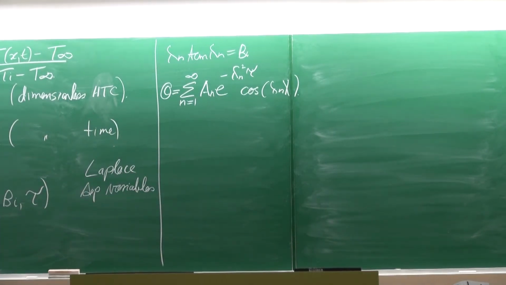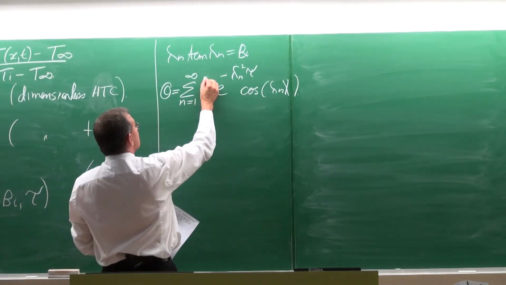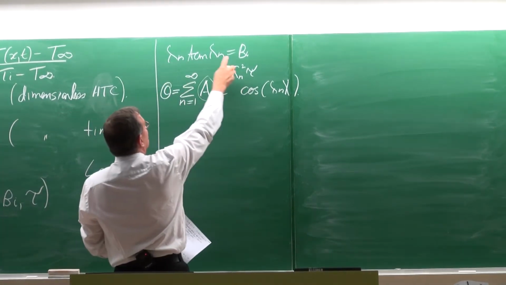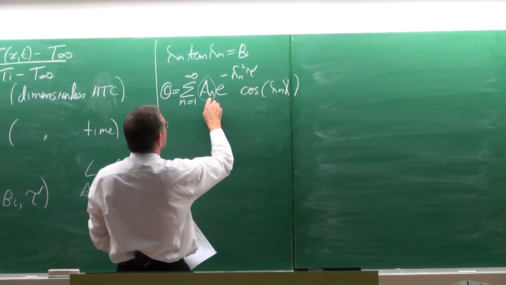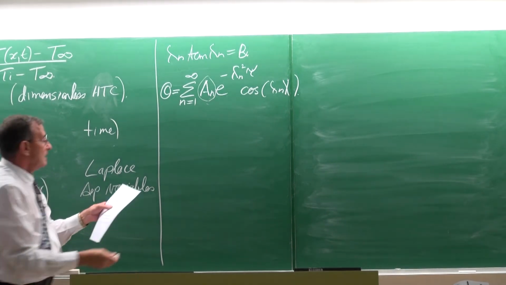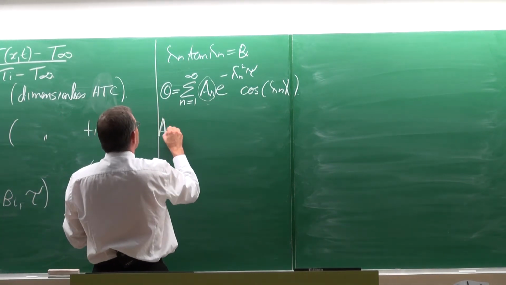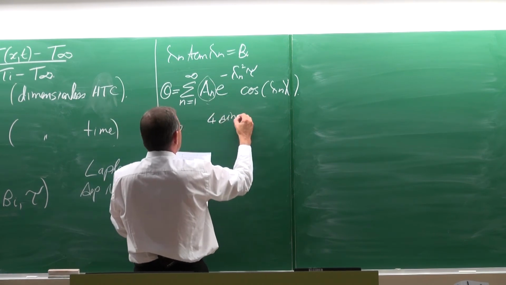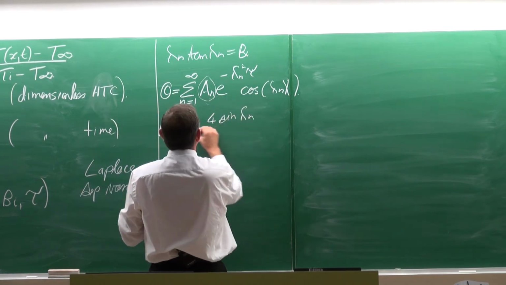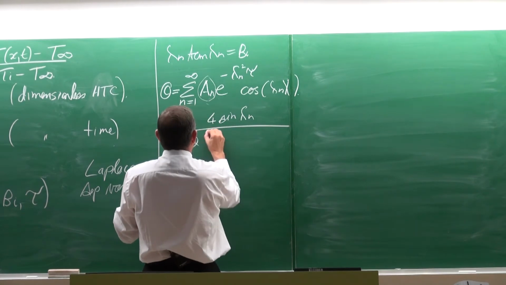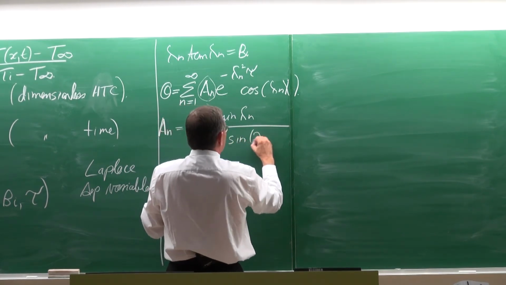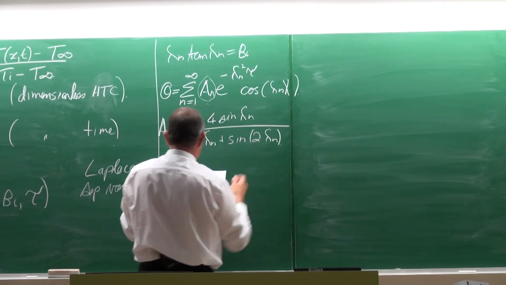And then, what is this An there? Here we can see where we can get lambda n. You can put it into the equation, but you need An, and the solution for An looks like this. It is equal to 4 times the sine of lambda n divided by 2 times lambda n plus the sine of 2 times lambda n.